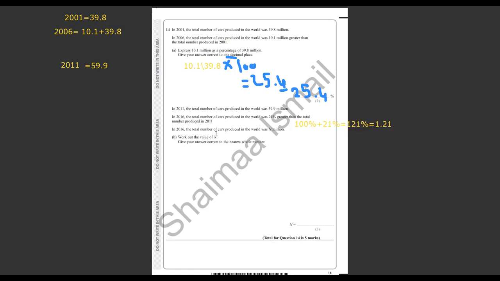Okay, in 2016, the total number of cars produced in the world was n million. Work out the value of n. So the value of n will be the total cars produced in 2011, then we multiply by the extra percent, but we multiply it by decimals, just not to make it divided by 100.